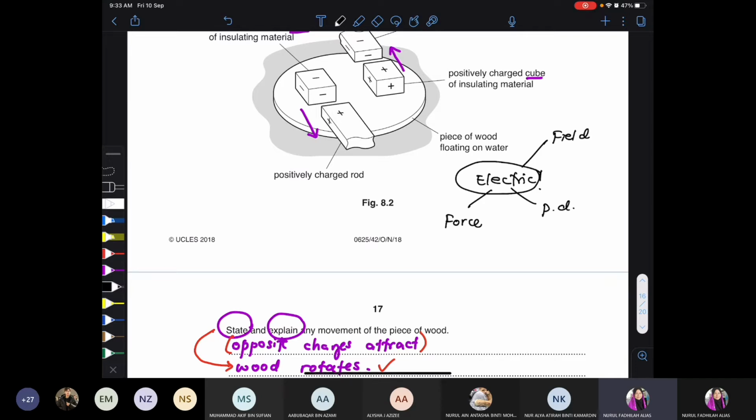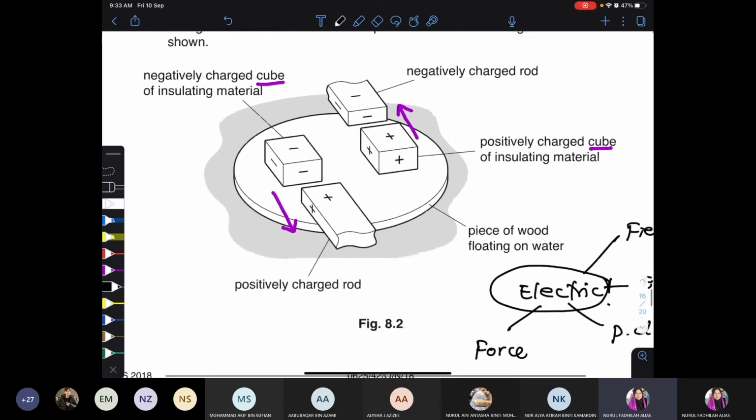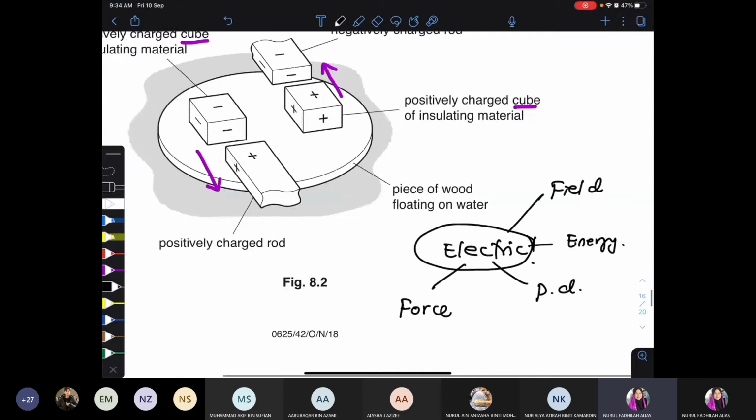And then we have electric force, electric energy. So now the question is actually about electric what? Electric field, electric energy or electric force? Electric force. Yes, it's about force.